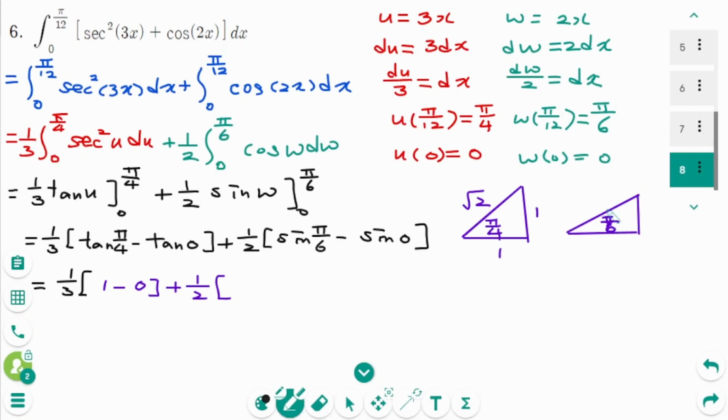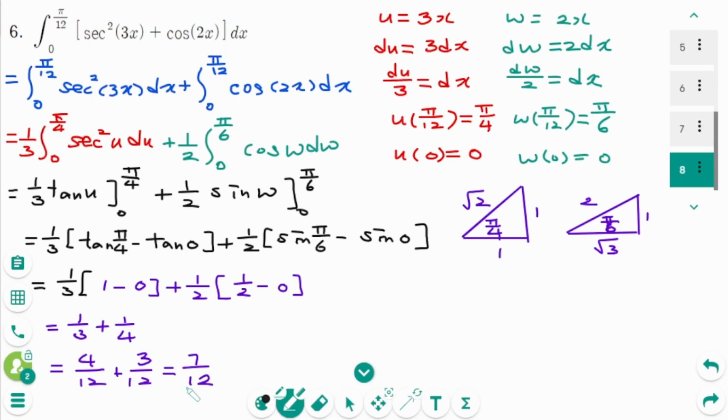The ratio is 2, 1, square root of 3. Then sine ratio is 1 over 2, minus sine 0 is 0. Then 1 over 3 times 1, plus 1 over 4, equals, make the same denominator, 4 and 3, then the final answer is 7 over 12.